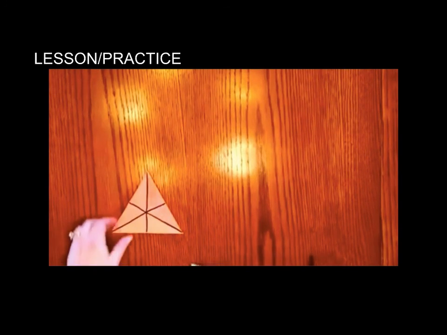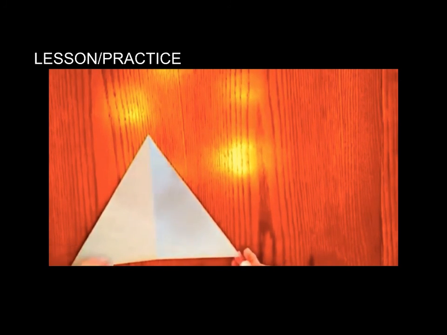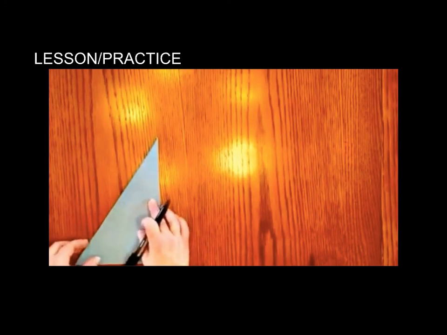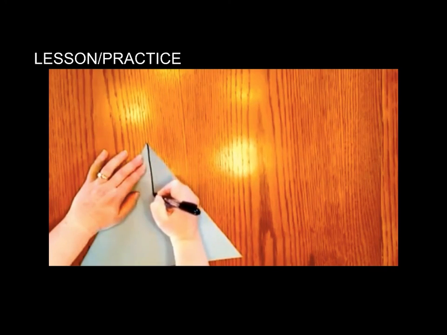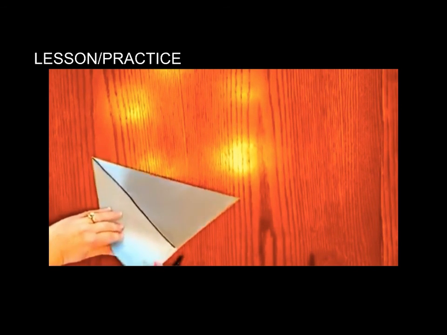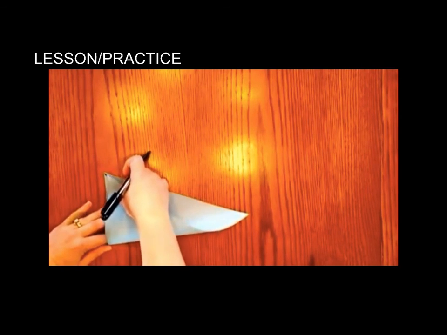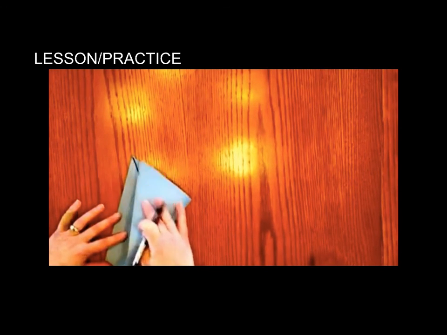Now I have another triangle that does not have 3 lines of symmetry. You'll notice that when I take this triangle and fold it, I have a line of symmetry down the middle. But if I try to take this corner up here, you can see that that's not going to form a line of symmetry because my edges do not line up. And if I try to take this corner and fold over here, same thing.